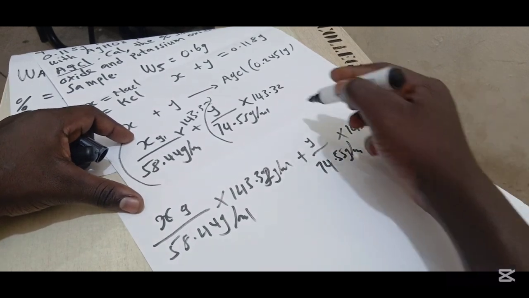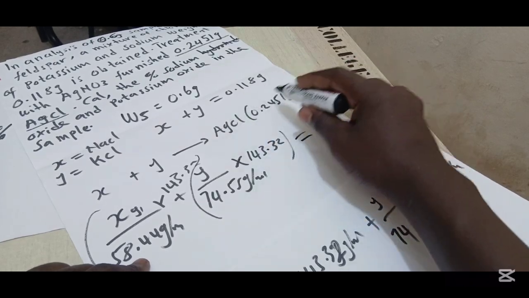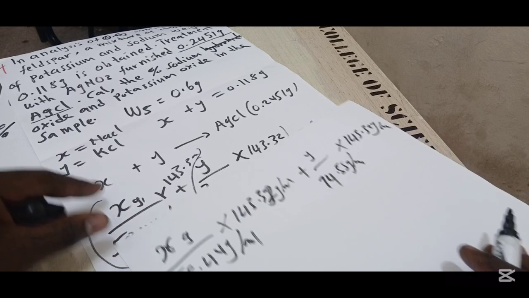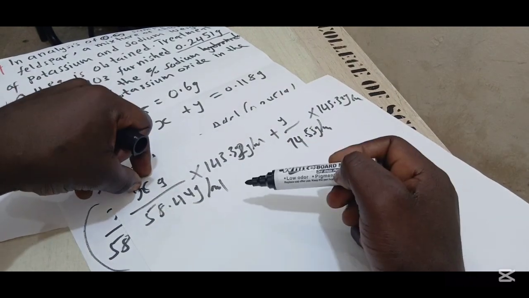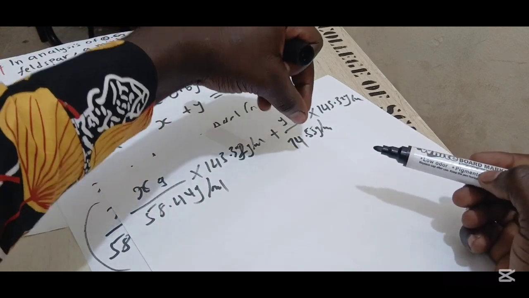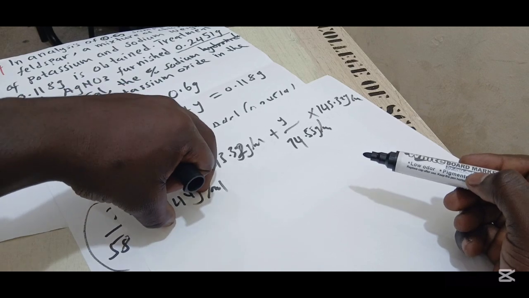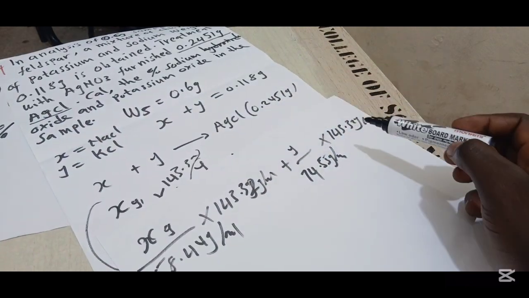It should be equal to the whole of this, which will give us the mass of AgCl that we obtained, which is 0.2451. So you see, we multiply each term: this is our X over molar mass of X, multiplying the molar mass of the product, and this is our Y over molar mass of Y, multiplying the molar mass of the product we got. Then it's going to give us a certain mass of X and a certain mass of Y. When we combine, we get a total mass that was produced.